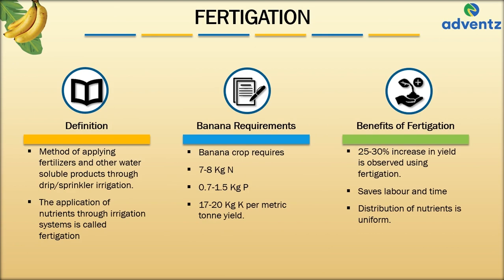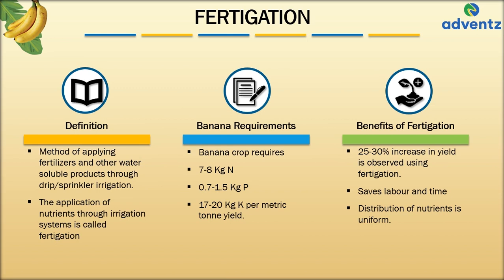Now, let us understand the concept of fertigation. We will start with the definition of fertigation, that is, what is fertigation? Fertigation is a method of applying fertilizers and other water-soluble products required by the plant during its growth stages through drip or sprinkler irrigation.